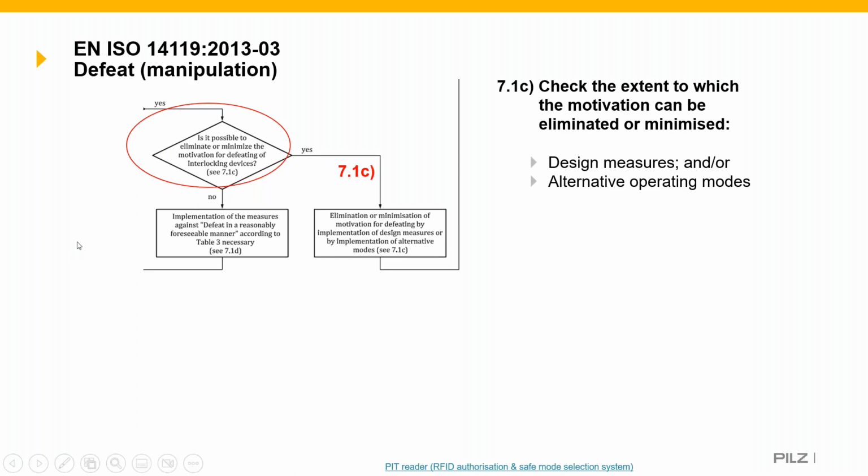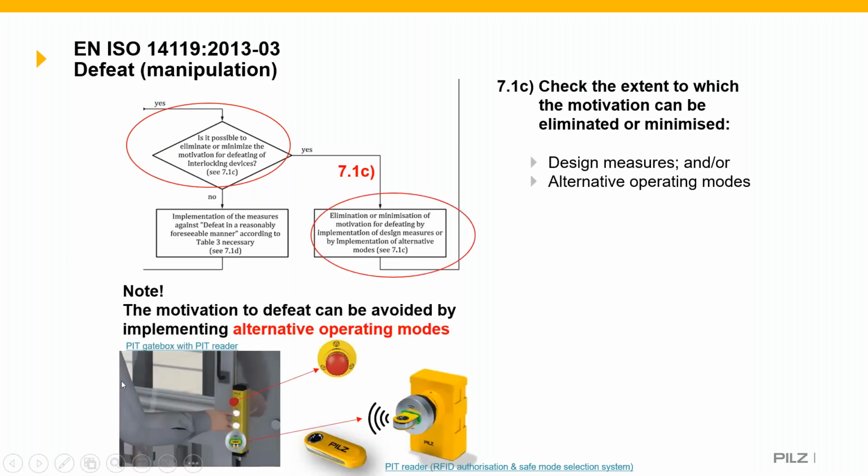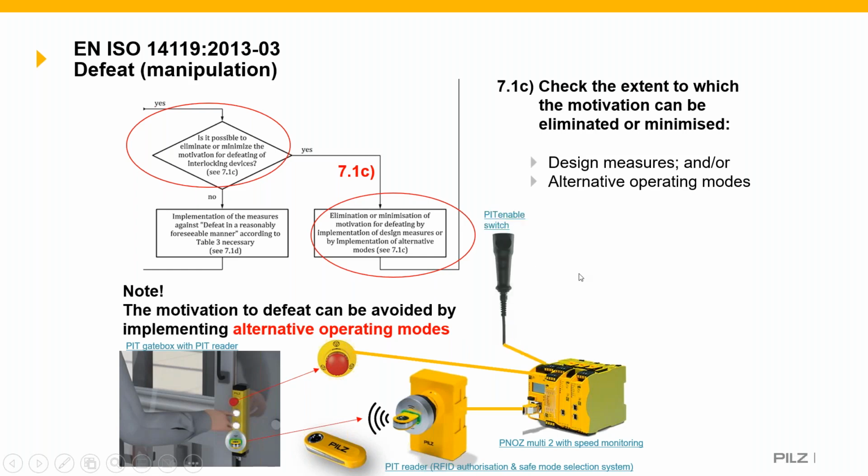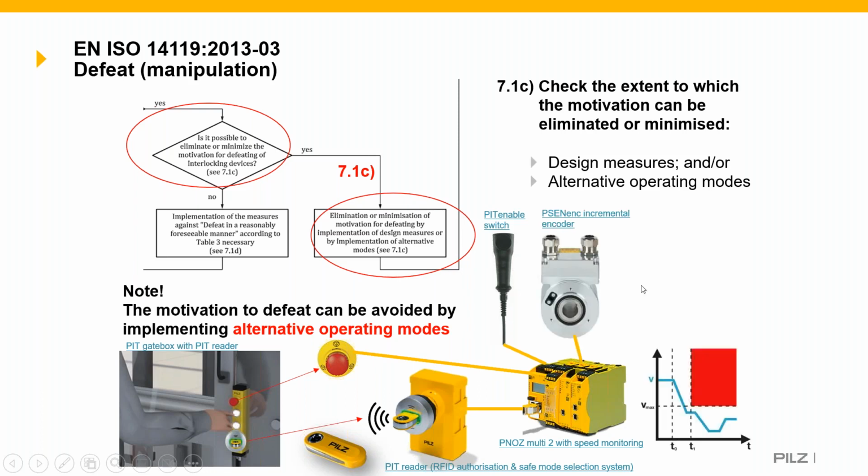And so in this case, again, it may be that we use a PIT gate with a PIT reader. We insert that. That allows us to change the safe operating mode of the machine. And in this case, again, we use an enabling switch. We'll have an encoder to monitor the speed of the machine, etc.